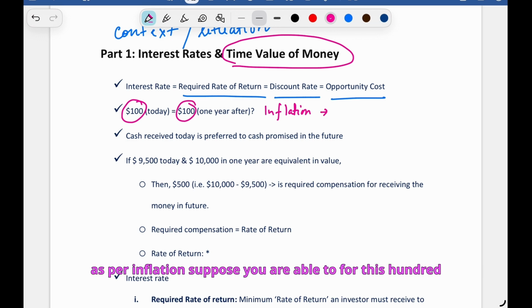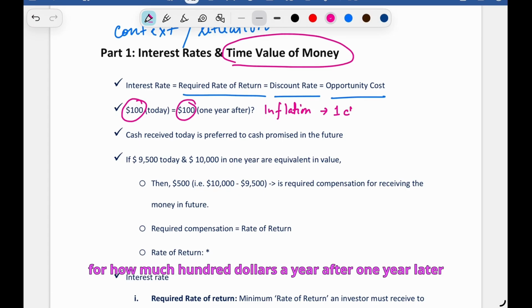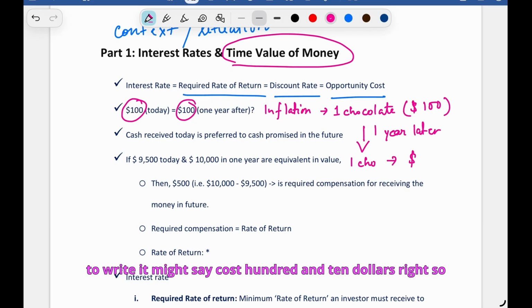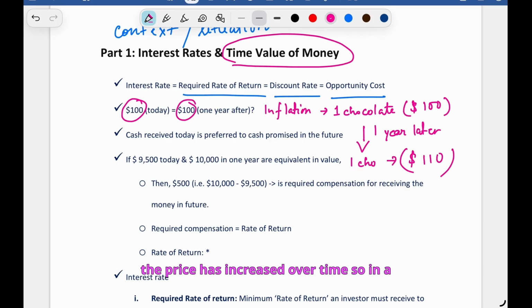As per inflation, suppose for this $100 you are able to buy one chocolate. A year later, this same chocolate might cost $110. So the price has increased over time.